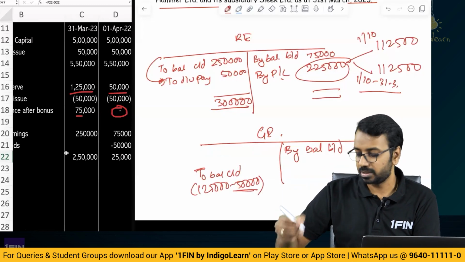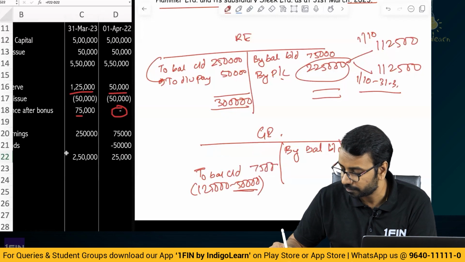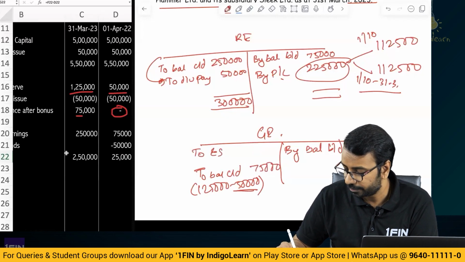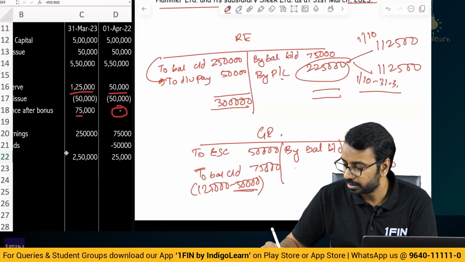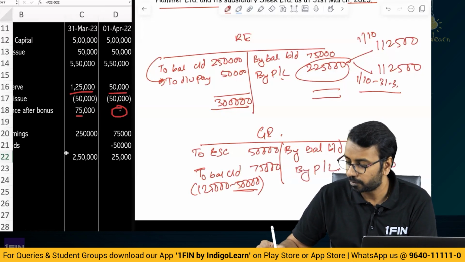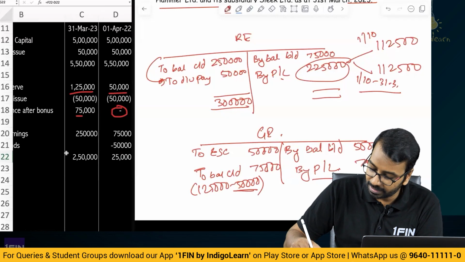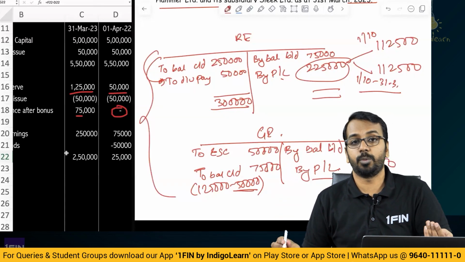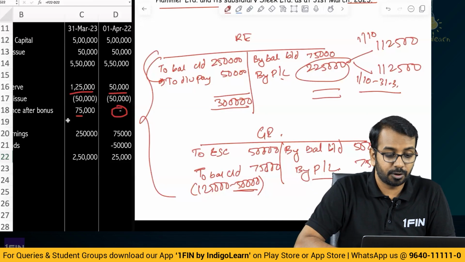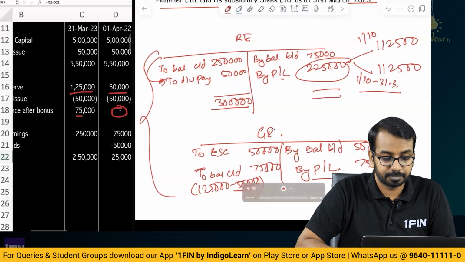So 1,25,000 minus 50,000, balance carried down is 75,000. To bonus issue, equity share capital 50,000. So 75 plus 50, 125 minus 50, 75,000. This is the amount that you have transferred from the P&L during the year. So by preparing a ledger like this also, you can arrive at the balance as on 1st of October. Okay. So that is just for your better understanding.